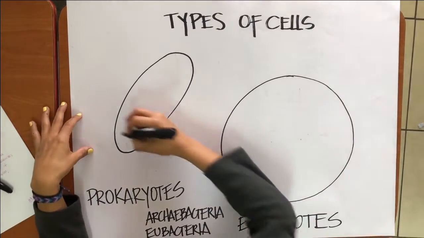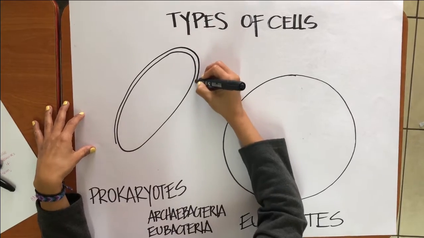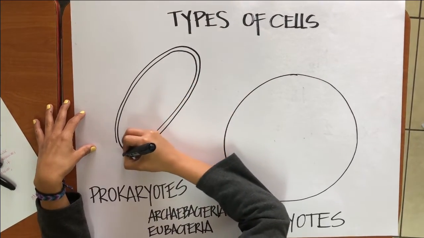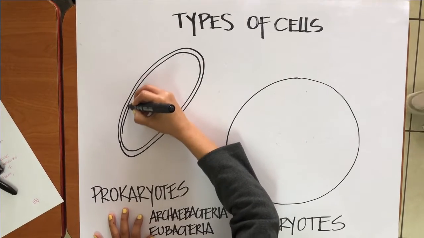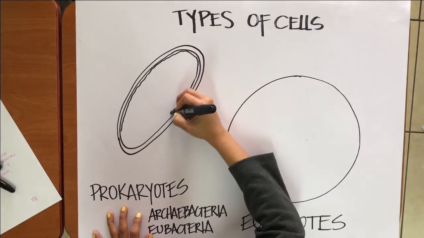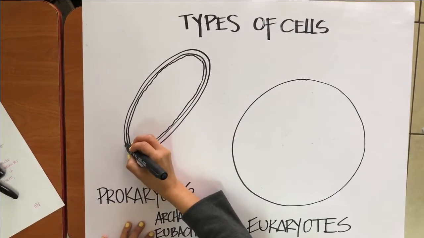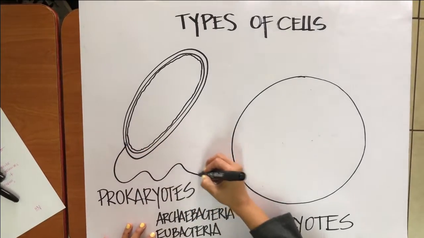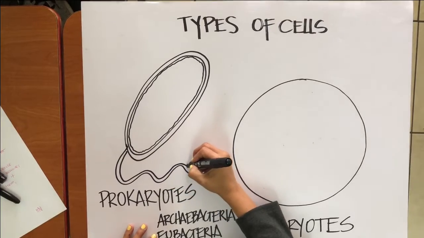Main characteristics: this cell has a cell wall which is rigid, and it has a cell membrane inside of that cell wall. Some of them could have a flagellum that would help this type of cells move.